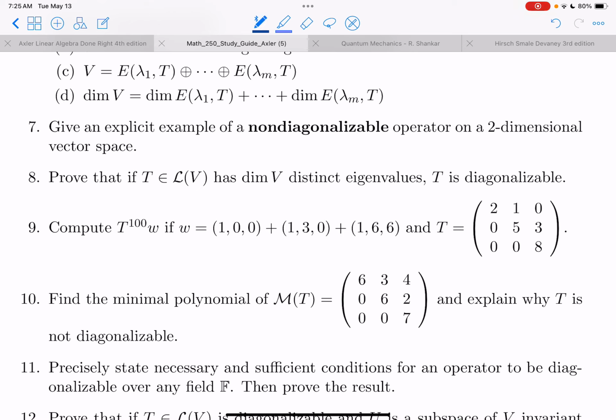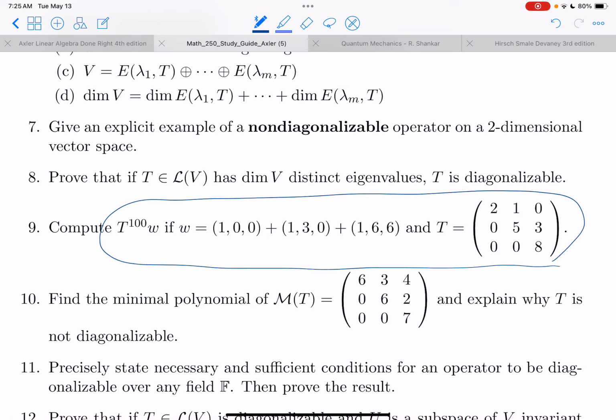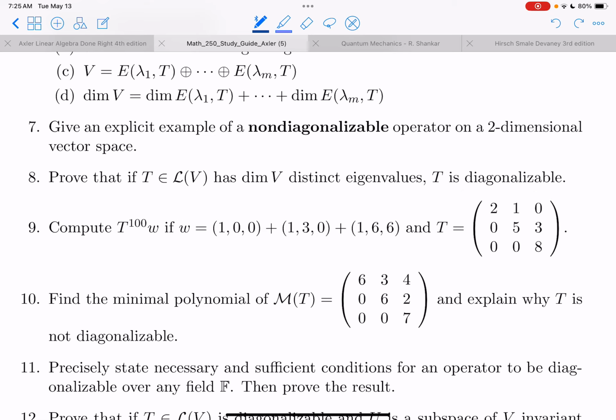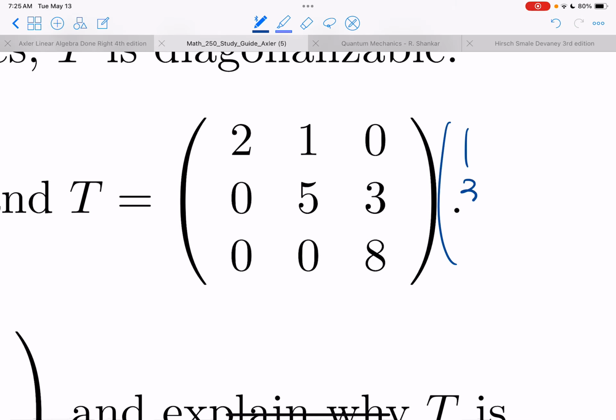Okay. Let's look at this one. Calculate t to the 100. The only way we'd be able to do this is if these things right here are eigenvectors. So let's just check that they are. I sort of trust that they are, but let's try 1, 3, 0. If we do 1, 3, 0, we get 5, 15, 0, which is in fact 5 times this thing.